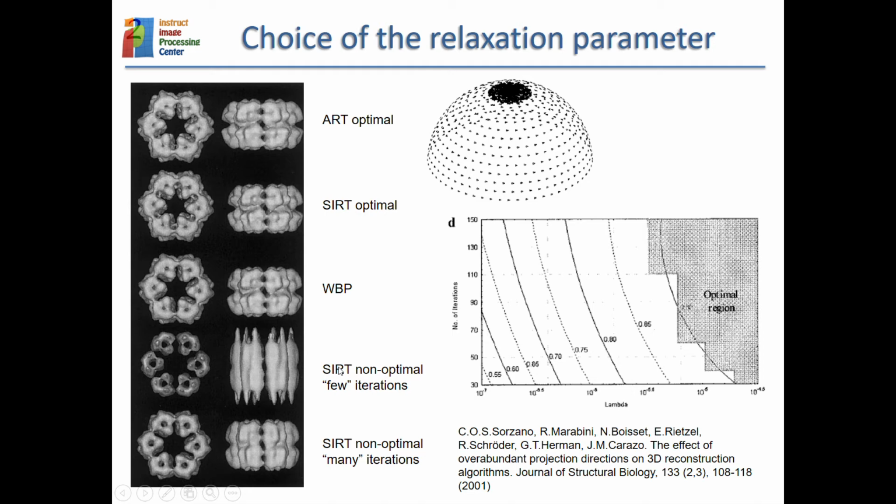The answer is no. If you run for many iterations, you converge to the right structure, or alternatively, you may play a bit with the relaxation factor, so that with the same number of iterations you can have the correct 3D structure.